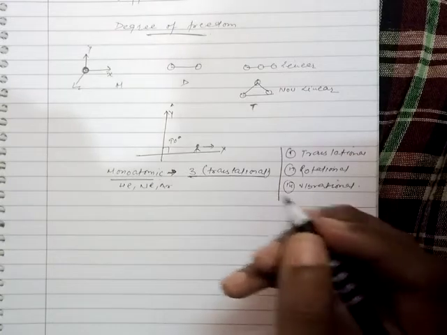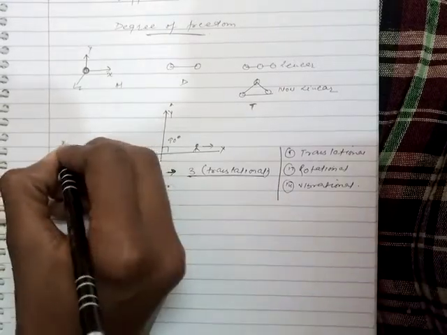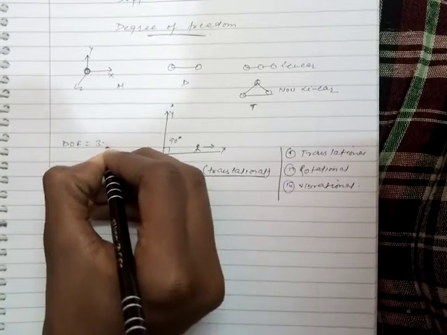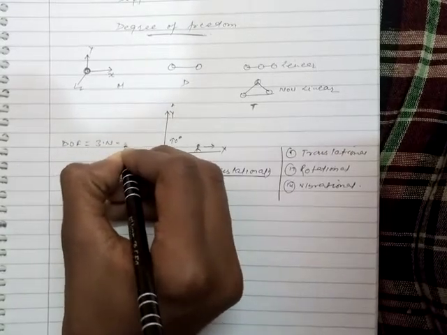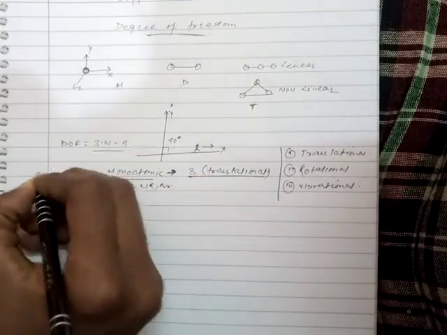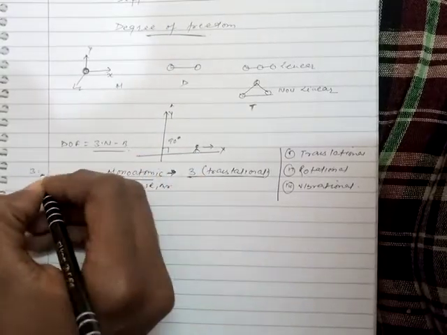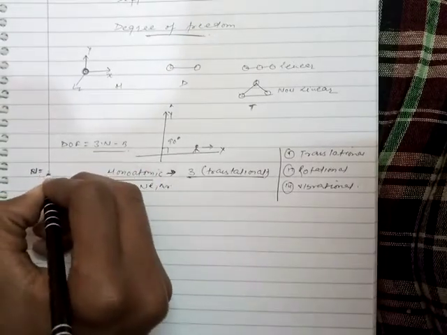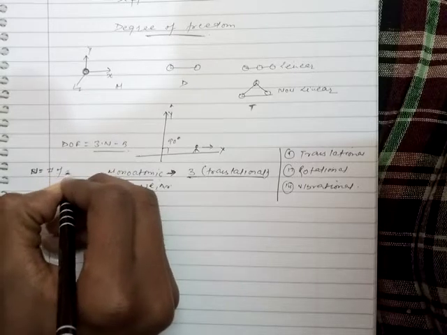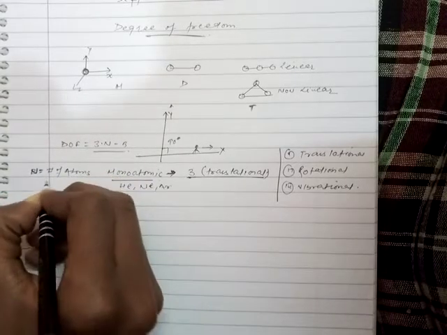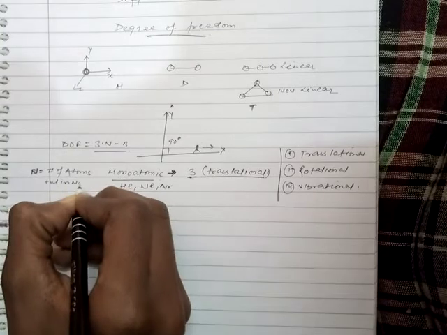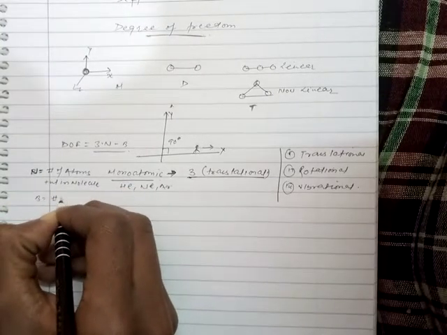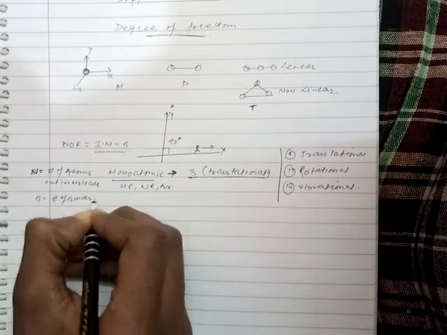There is a formula through which we can find the degree of freedom. Degree of freedom of a molecule can be found through the formula 3n minus b, where 3 is simply a constant, n is the number of atoms present in the molecule, and b is the number of bonds.